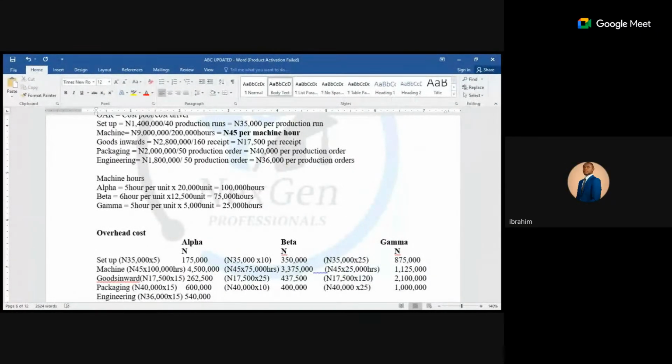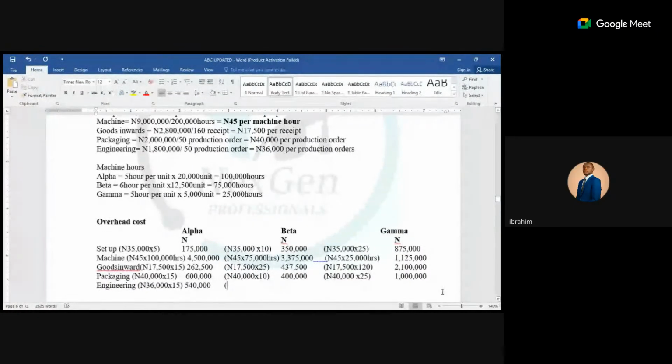So the same thing applicable here. Don't forget that this is overhead costs. 36,000 times 10. What do we have? 360,000.